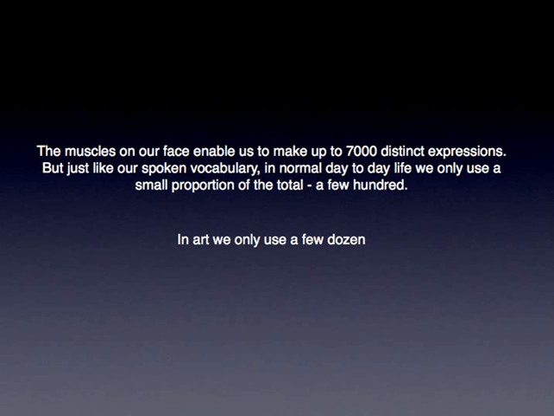So if you're tense for whatever reason, or angry, your neck muscles will start to tighten, your jaw muscles will start to tighten, and all of these other muscles in your face will react to what you're feeling. And there's 7,000 distinct expressions, which is pretty amazing. We have so many muscles in our face, and the combination of how those muscles are triggered will give us very subtle facial expressions.